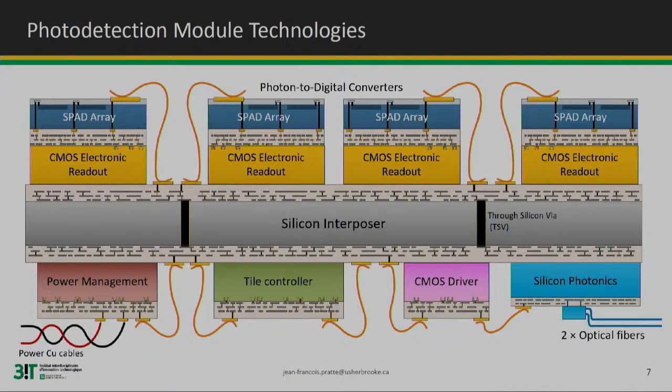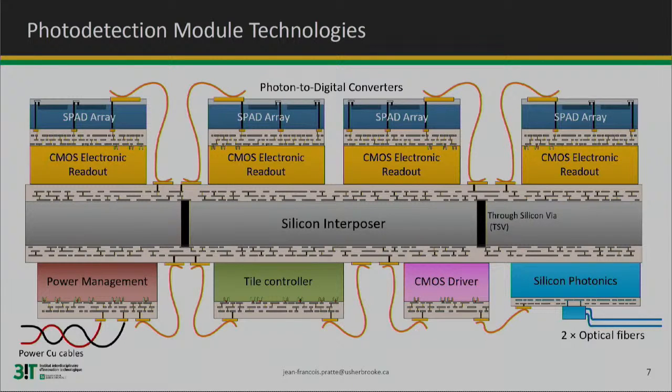So this is it. This is the photodetection module we've been working on for years, and that we have also collaborators now joining and working with us. On top, we have the PDCs, the photon to digital converter, where we have the SPAD array 3D bonded to the CMOS electronics. Then this goes to a silicon interposer that acts like a printed circuit board, which provides mechanical stability because everything is made of silicon, so we match the coefficient of thermal expansion.